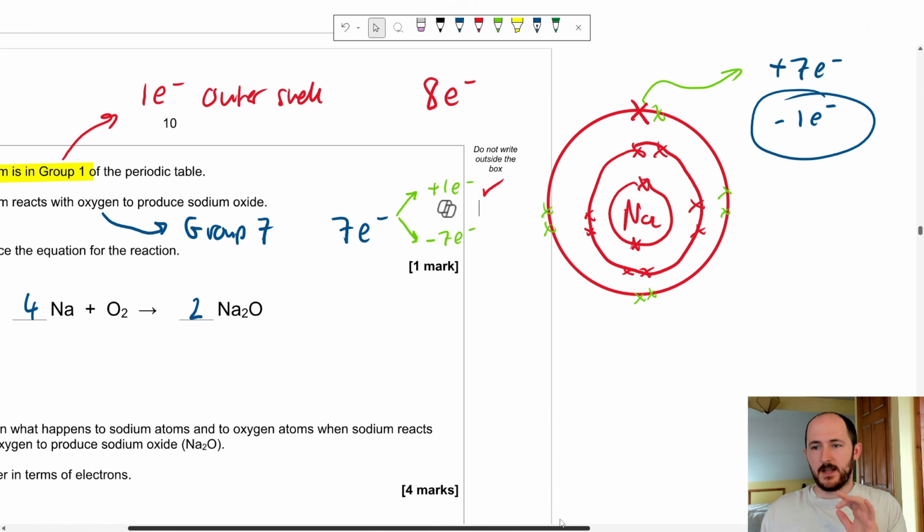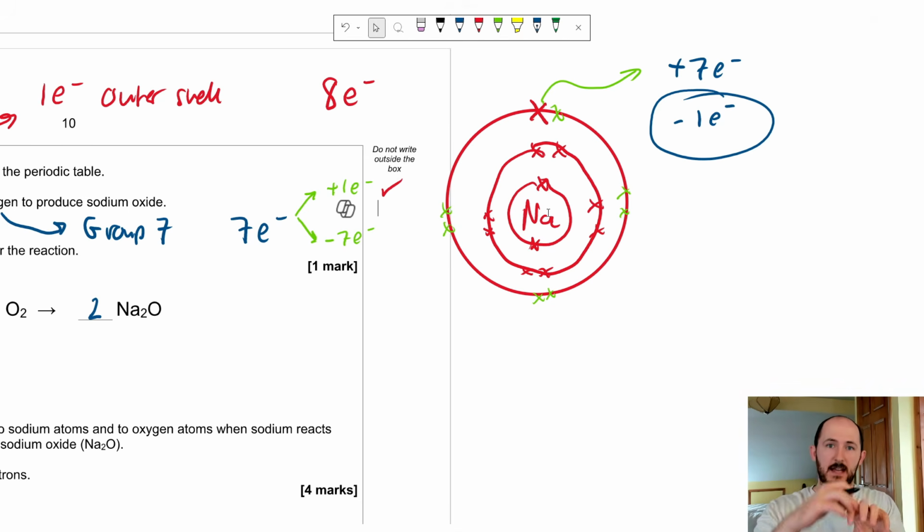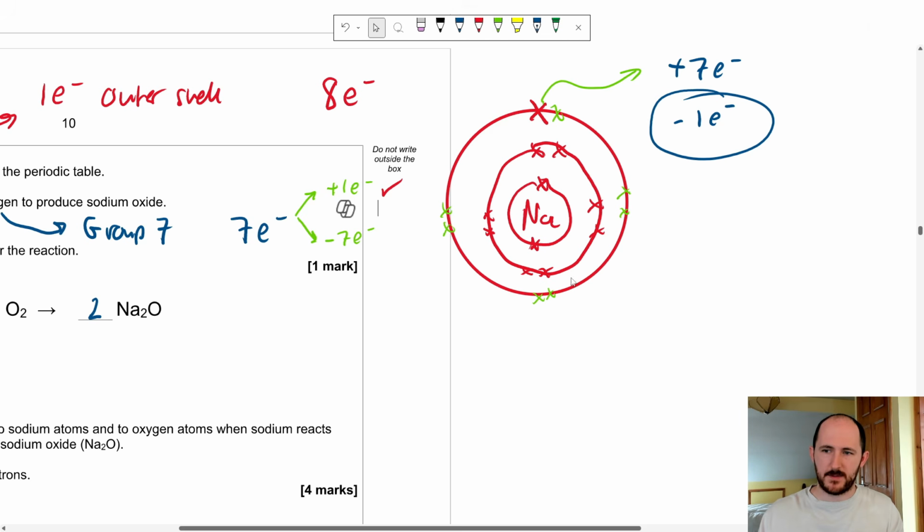So, here's the beauty of it, right? Sodium has an electron it wants to get rid of. Oxygen has an electron that it really wants to have. So sodium will give an electron to oxygen, forming an ionic bond, because there'll be a sodium +1 ion and there'll be a oxygen -1 ion. Why positive and negative? Well, think of this.